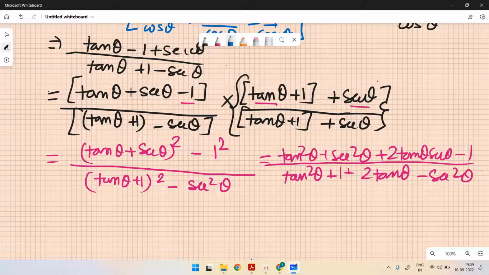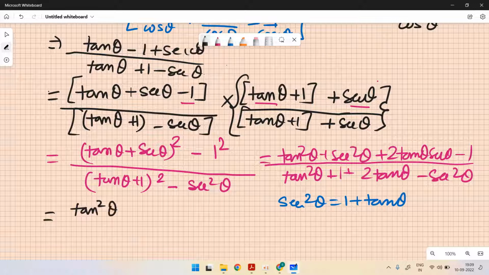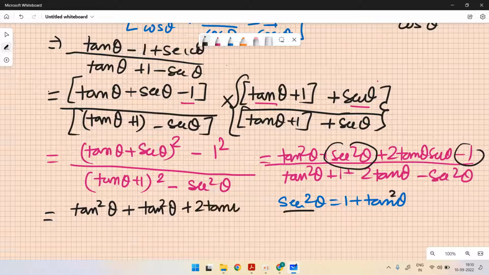Now you know that secant square theta equals 1 plus tan square theta. Using this, the numerator will become tan square theta plus secant square theta minus 1, and secant square theta minus 1 becomes tan square theta, so tan square theta plus tan square theta plus 2 tan theta secant theta.